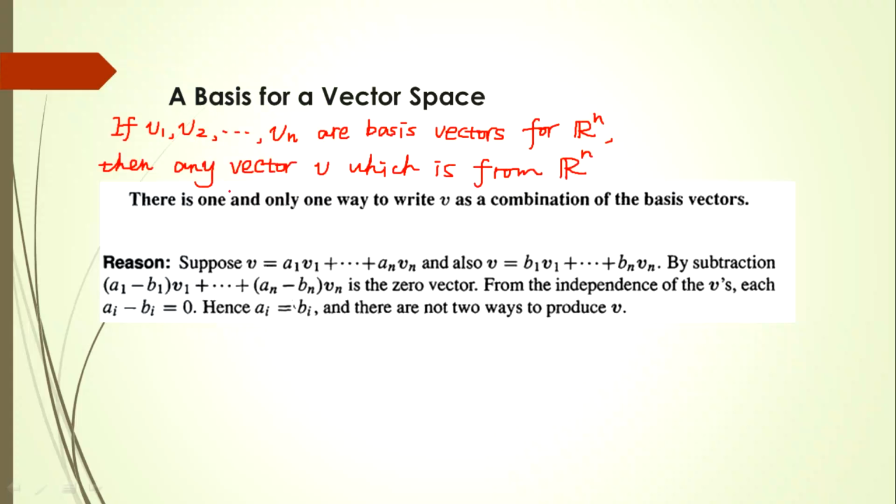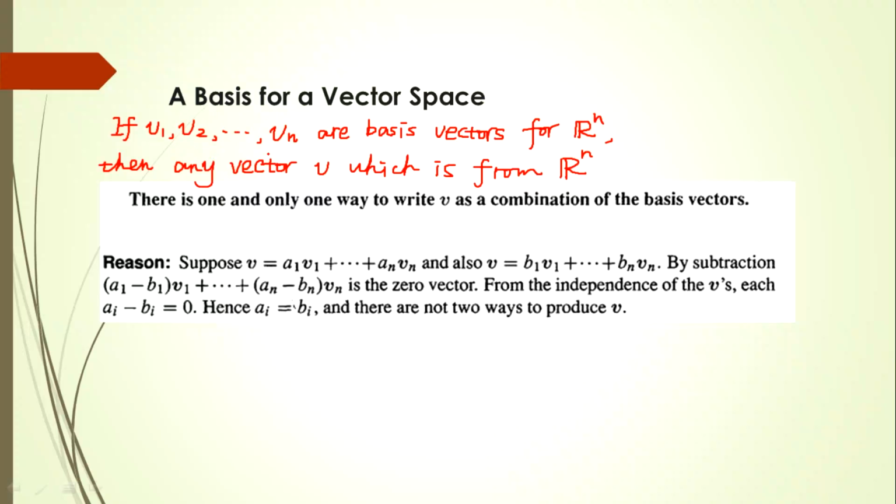And there is only one way. Of course, the n vectors are a basis, so they can represent any vector because they span the full Rn.